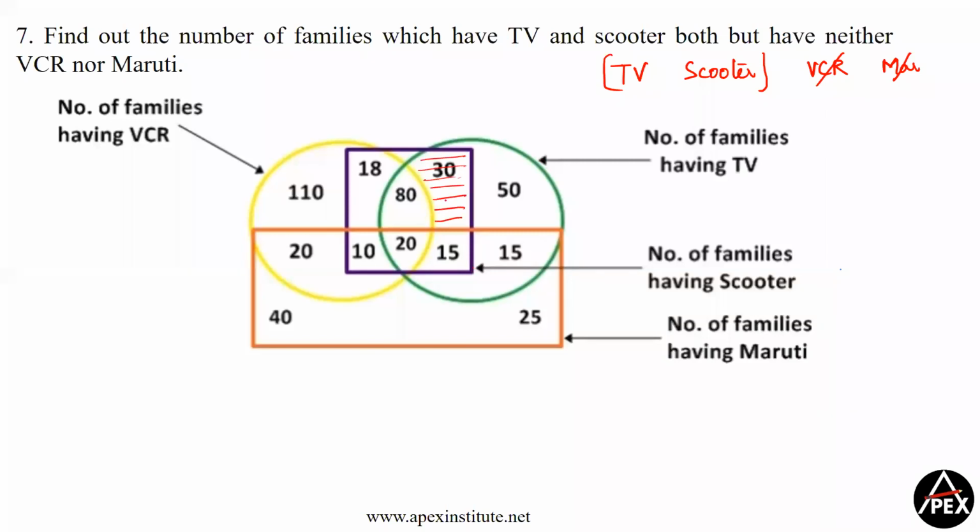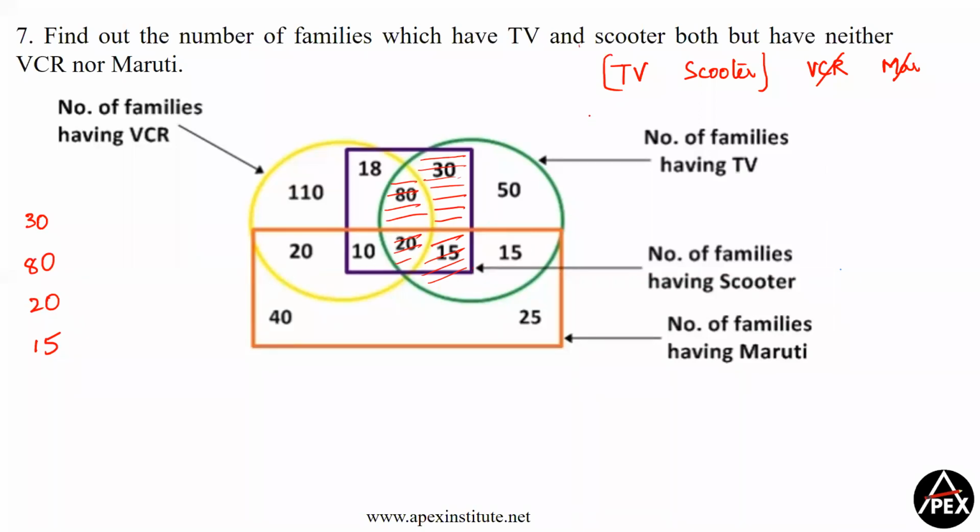This 30, this 80, this 20, and this 15. So 30 plus 80 plus 20 plus 15 are the families which have TV and scooter, isn't it?